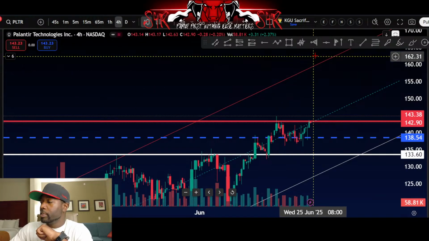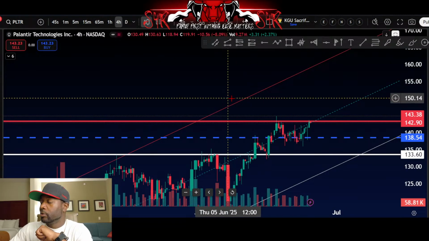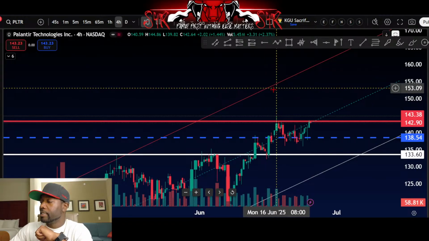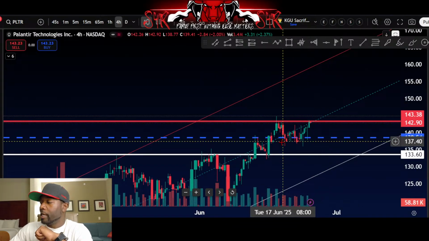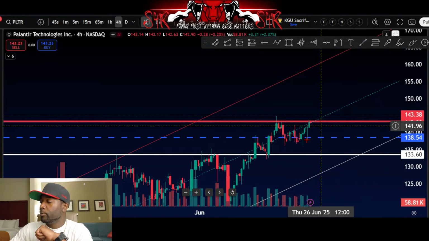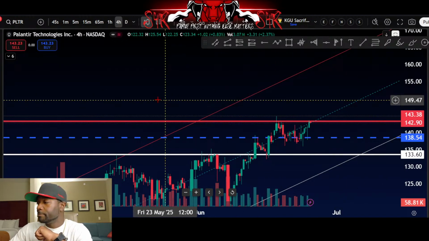Now, you see that we're in an ascending channel. We have yet to retest this ascending line of resistance. And we are trying to cross this halfway point, this middle line, if you can see it.